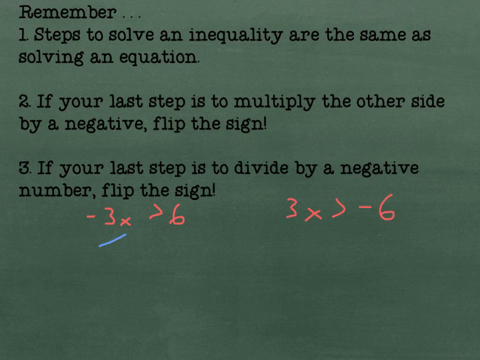In this problem, I am dividing by a negative, which would mean for the answer, the sign changes. Over here, I'm dividing by a positive number, so the sign does not change because the denominator over here was positive.